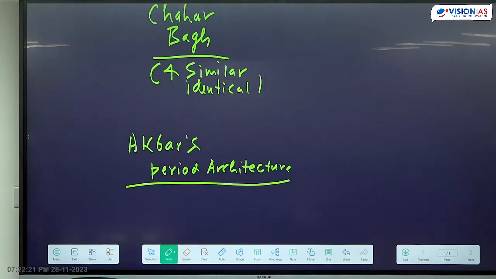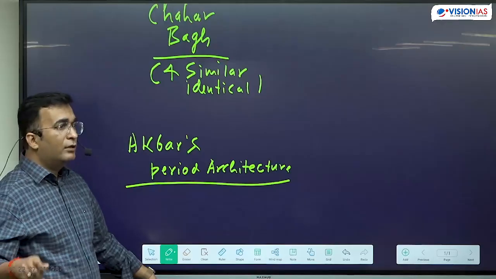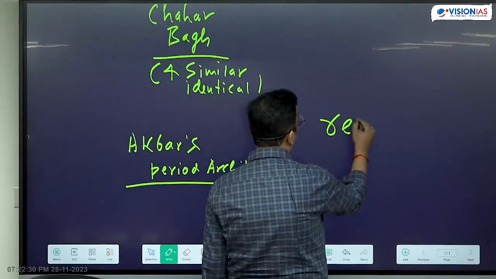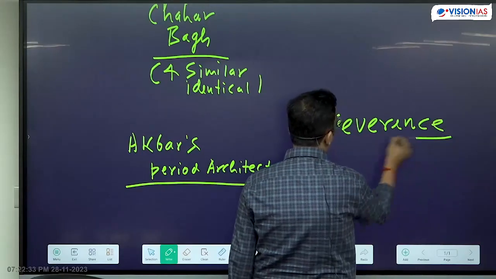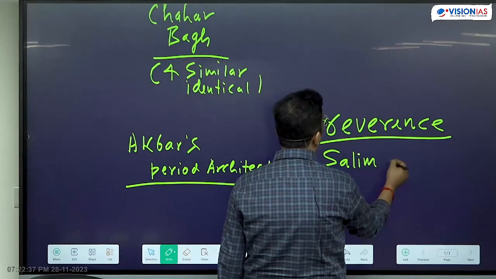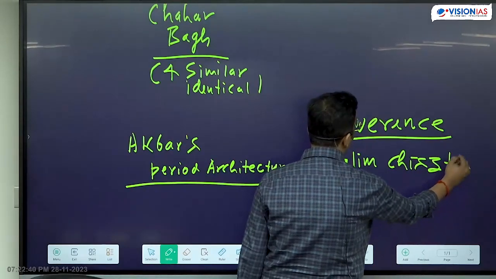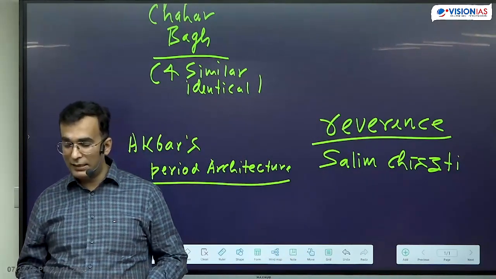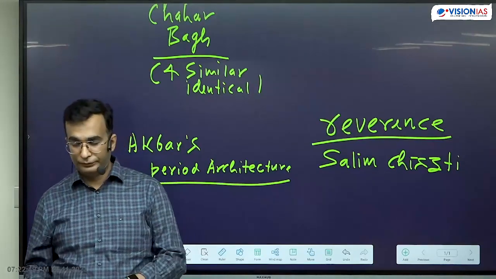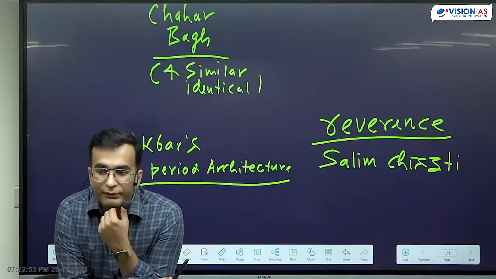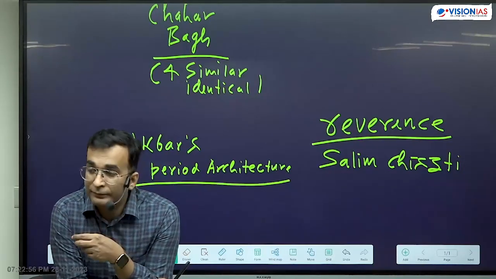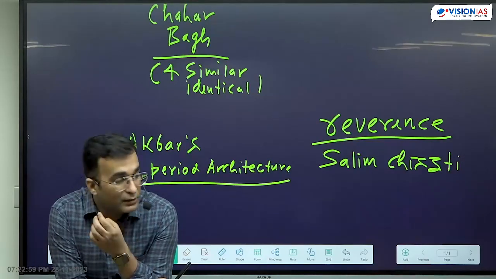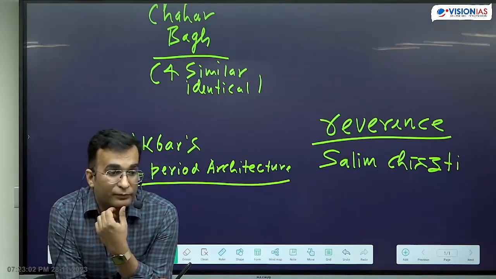But later, in the reverence of Sufi saint Salim Chishti, you can see the spelling of Salim Chishti, he decided to shift his capital complex at Fatehpur Sikri.